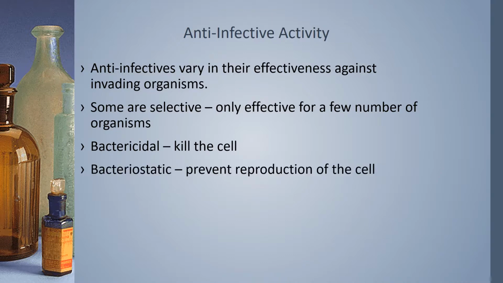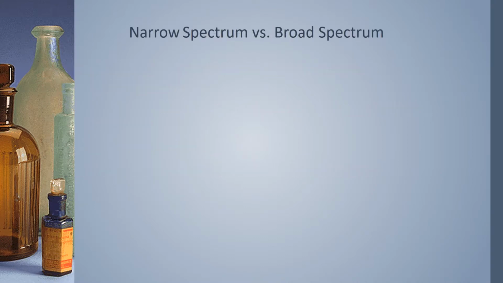Some are bacteriostatic and prevent reproduction, so they keep the organisms from multiplying and creating more, but they're not going to get rid of all of the organism. All right, so narrow spectrum versus broad spectrum.